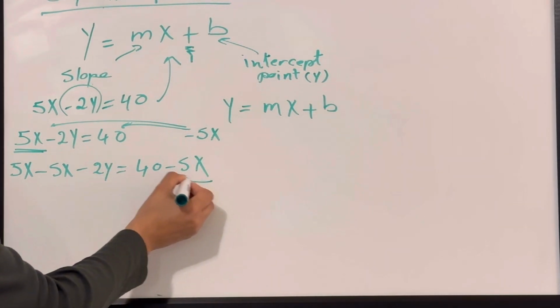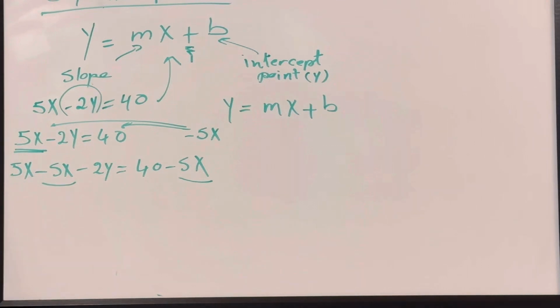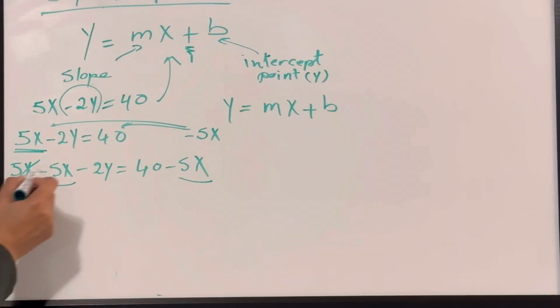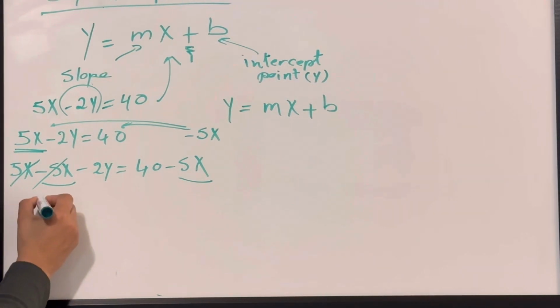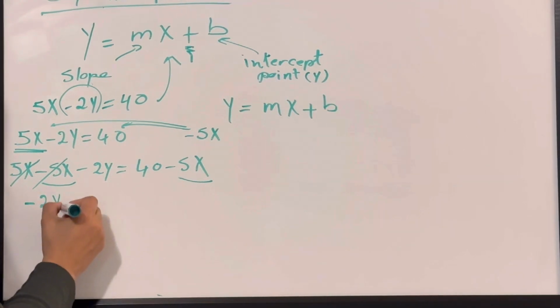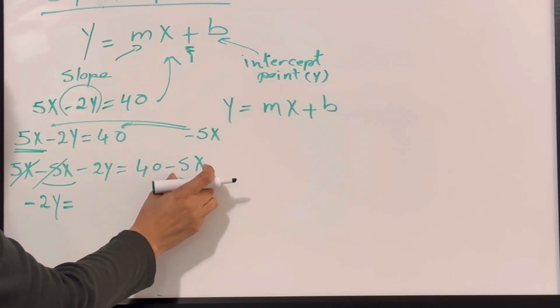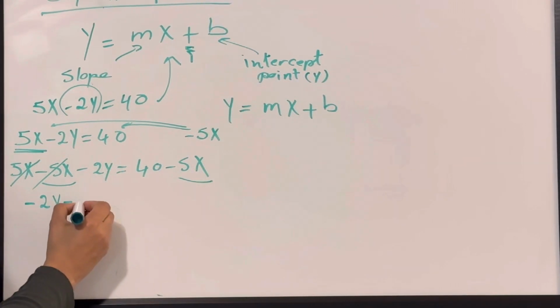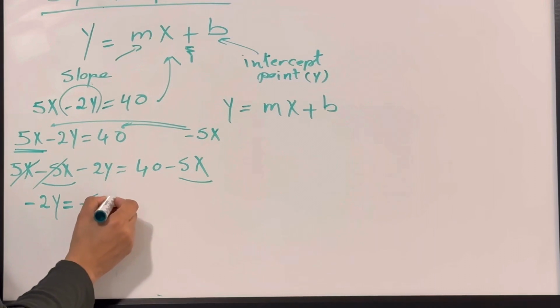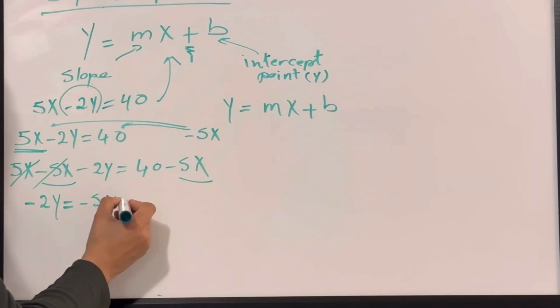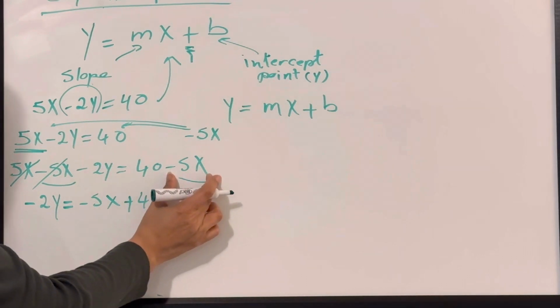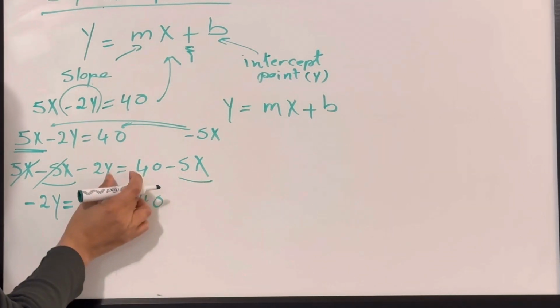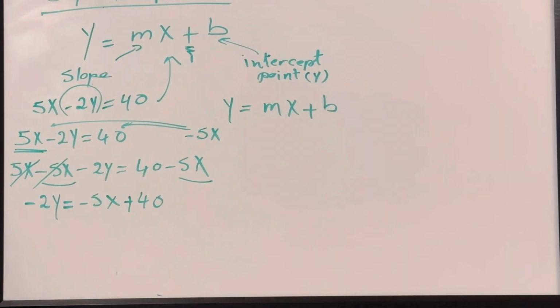Here I subtracted 5x from both sides of this equation. Now I can simplify. Minus with plus equals 0. So here minus 2y will be equal, I can put this term in the beginning, minus 5x, and then this after, plus 40. I just put this term in the beginning, and that's it.